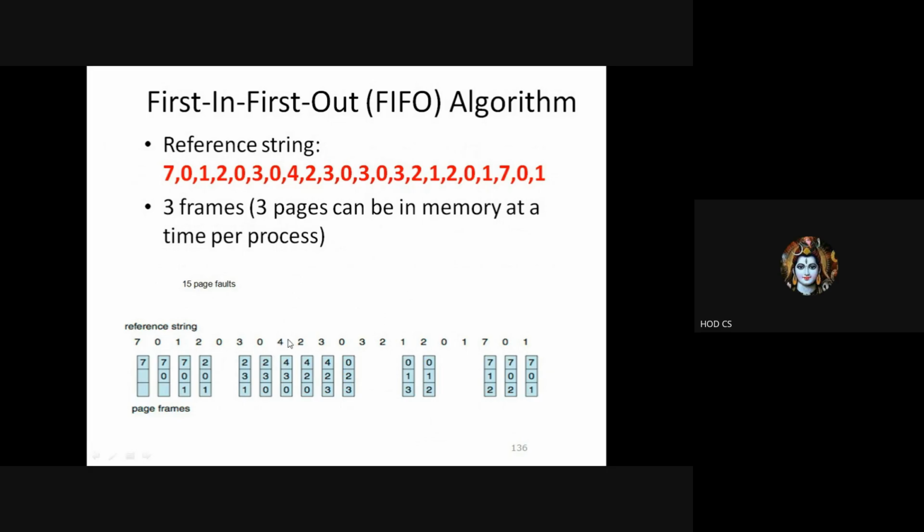Okay, then comes the bit 4. So 4 is not available. Now you have to check which bit comes first. So out of this 2, 3, 0, 2 comes first, so it is replaced by 4.